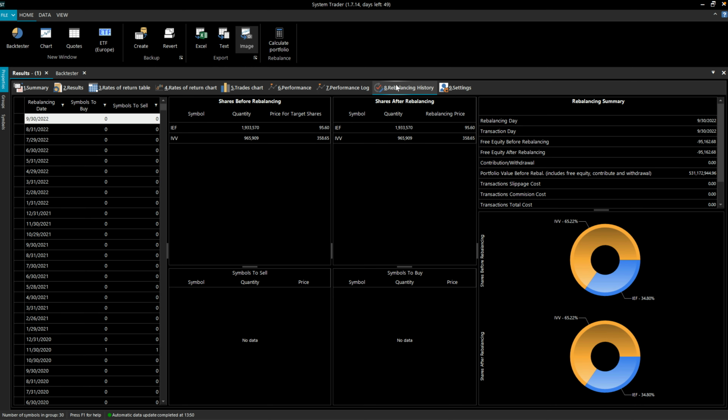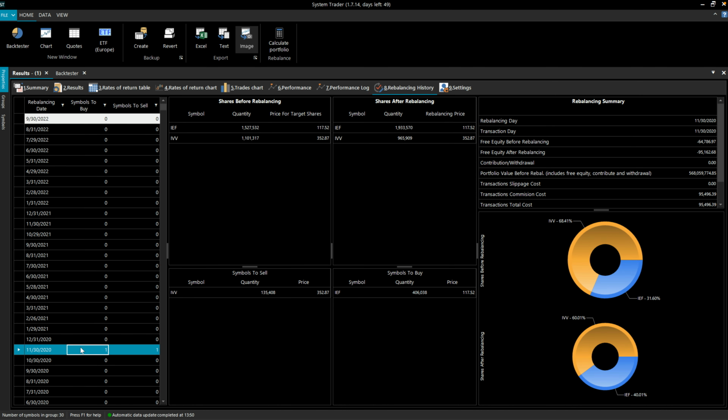And then rebalancing history. Here you can see month by month if there was any rebalancing in our portfolio. In most cases, as you can see, there was nothing to buy, nothing to sell, so we have zeros. But for example, here in November 2020, we had too much stock. It was 68% rather than 60%. So what did we have to do? We had to do so-called rebalancing, which means that we had to sell IVV, which is the S&P 500, and buy IEF, which is a bond.